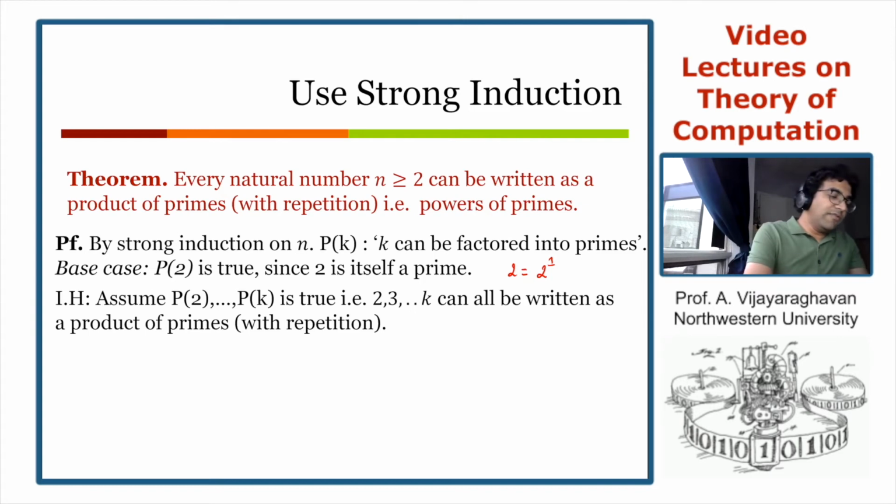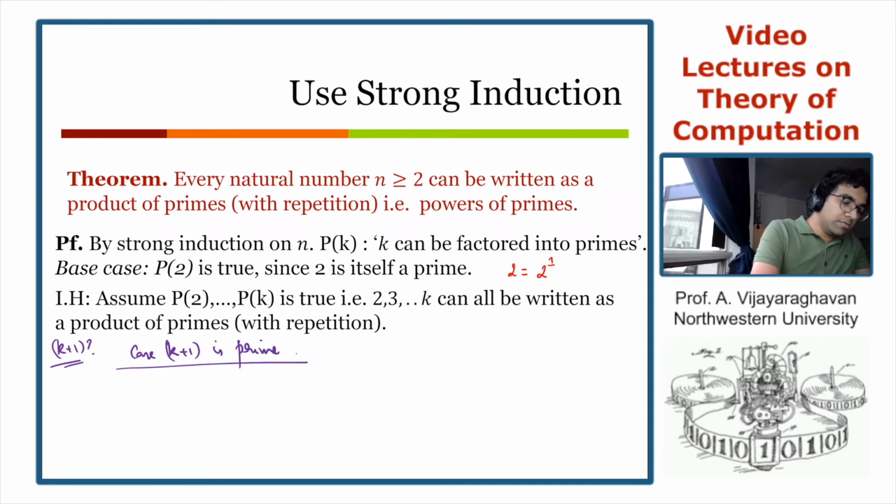So you have two cases for k plus 1. Case 1, k plus 1 is a prime. In this case it's easy, because clearly k plus 1 is just k plus 1 raised to the power of 1. So it's a product of prime powers.